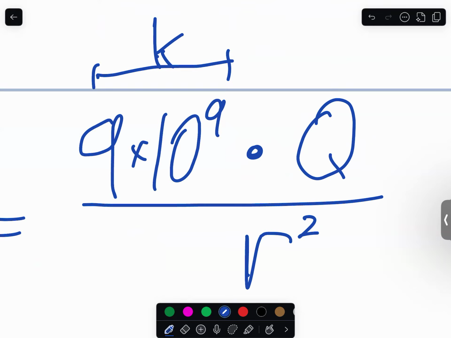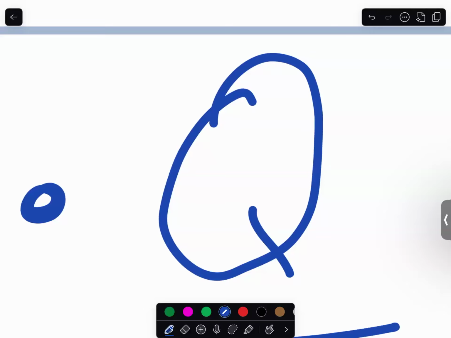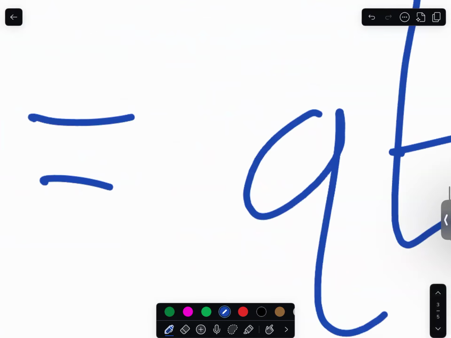Last thing, and I'm going to let you go early. There's a difference between capital and lowercase q here. Both are charge. Both are measured in coulombs. This is that which causes field. This is that which feels field.